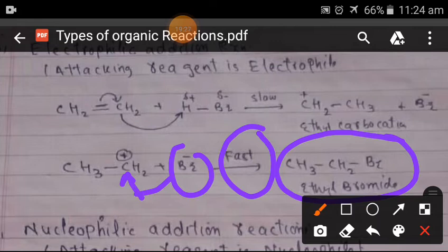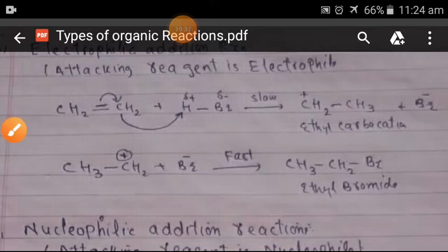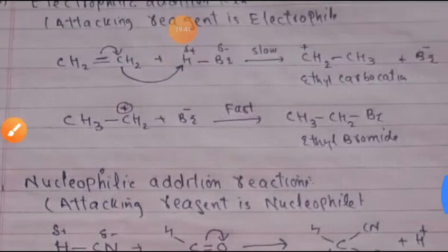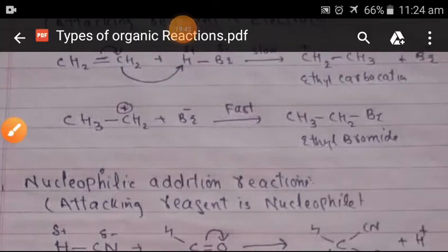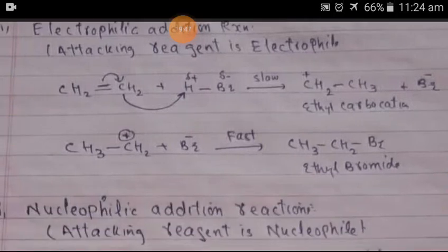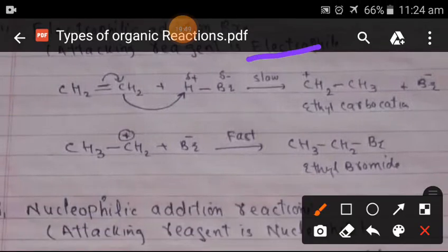You will learn more about these different types of reactions in your higher classes. Up to this is enough for you. So in the case of an electrophilic addition reaction, the attacking reagent is an electrophile, and in the first step there is a formation of carbocation.